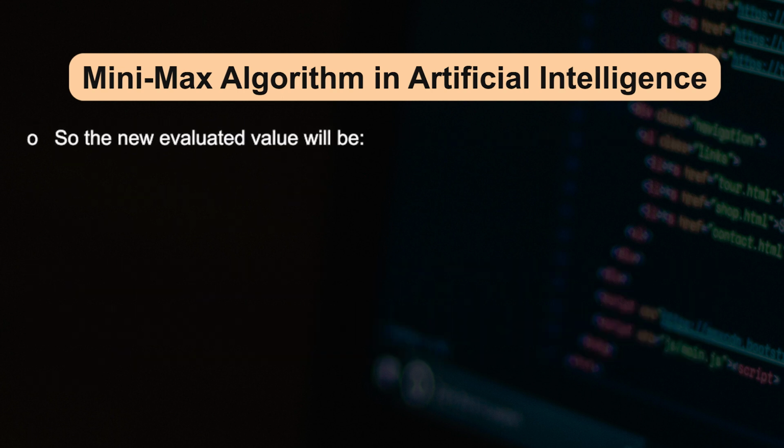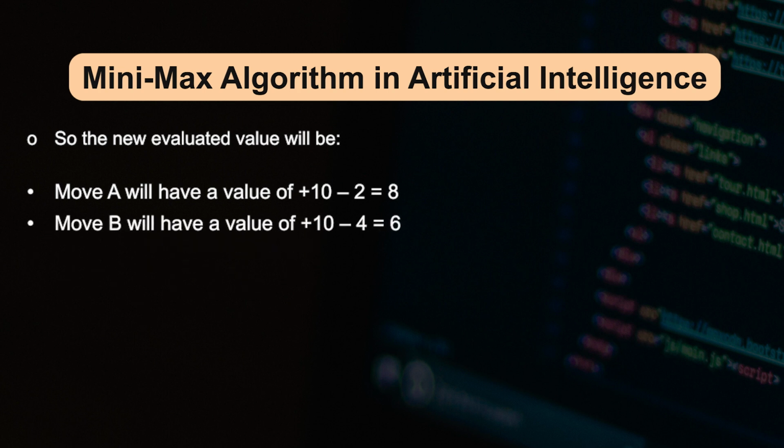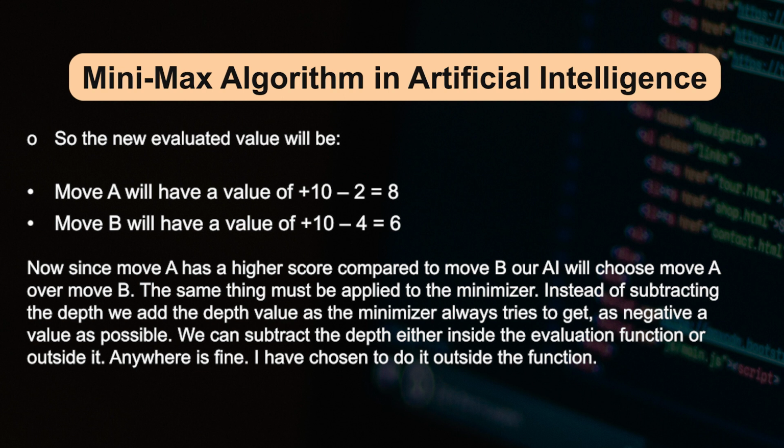So, the new evaluation value will be: move A will have a value of plus 10 minus 2, which is equal to 8. Move B will have the value of plus 10 minus 4, which is equal to 6. Now, since move A has a higher score compared to move B, our AI will choose move A over move B.